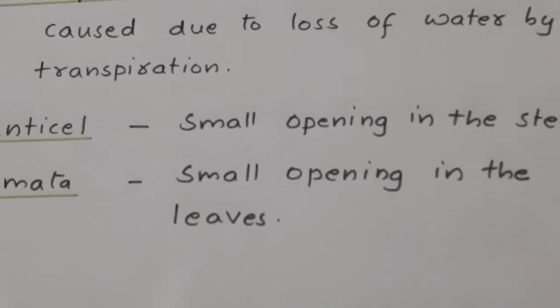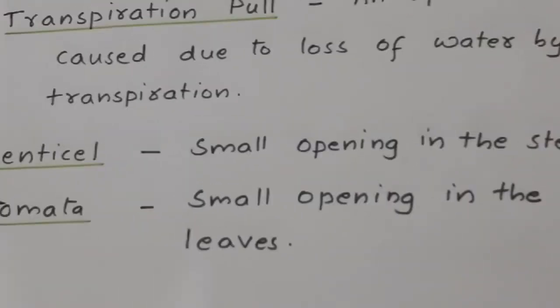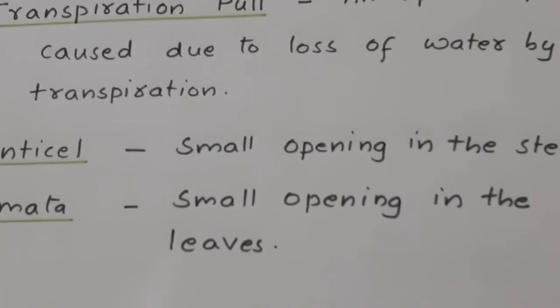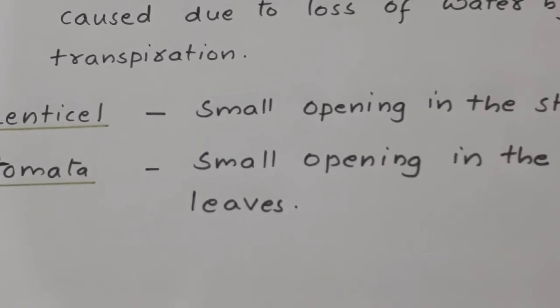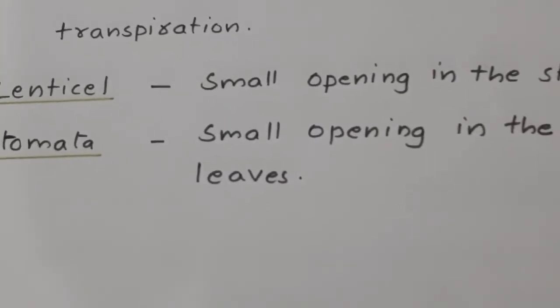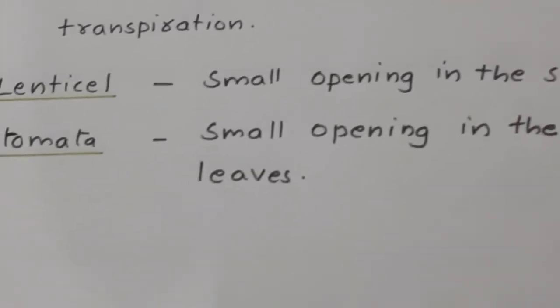Then lenticel: small openings in the stem are called lenticels. And stomata: small openings in the leaves are called stomata. So all these terms are very easy. Try to learn all these terms by heart.